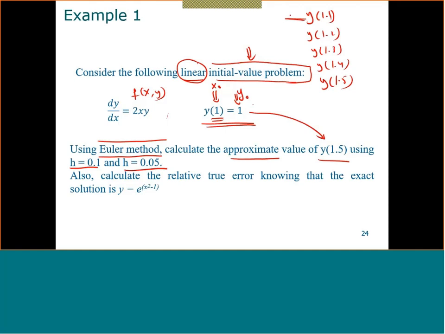To find this, I will need the initial value, which is y of 1. Now to find the next, I will need this value. Now this becomes the initial value, then this value, and finally 1.5. So in this approach, I will always need one value. If you recall, we talked about another classification of initial value problems: sometimes you need one value, sometimes you need multiple values, as we will see. Now also calculate the relative true error, knowing that this is the exact solution. So this is what we want to find.